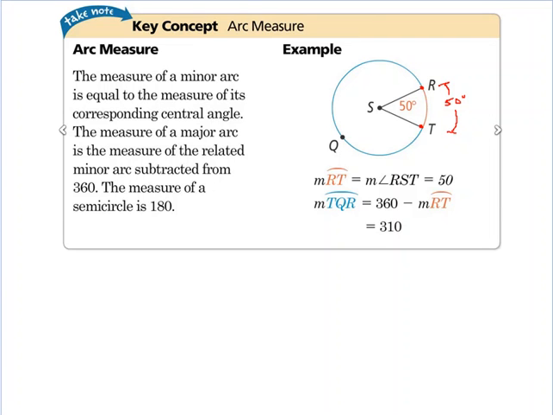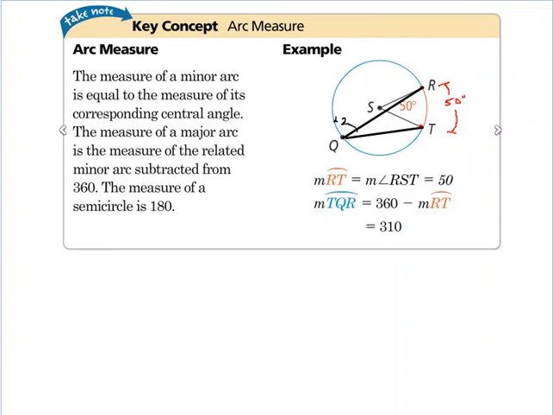I'm going to grab my line tool. Let's say I connect R to point Q, and then connect T also to Q. Now we've got this other angle, let's call it angle 2.